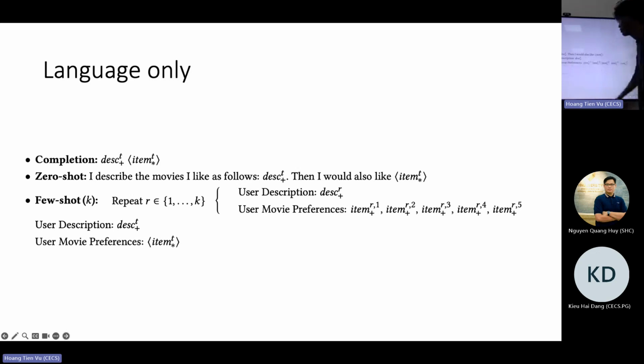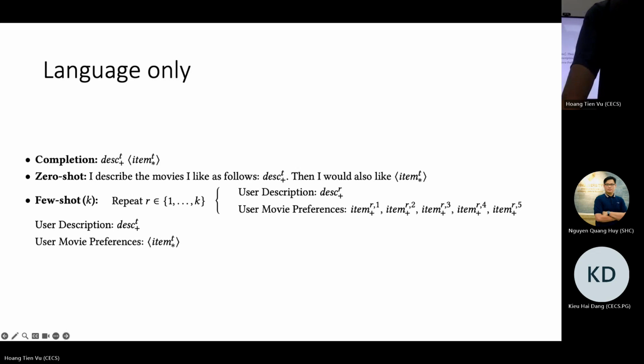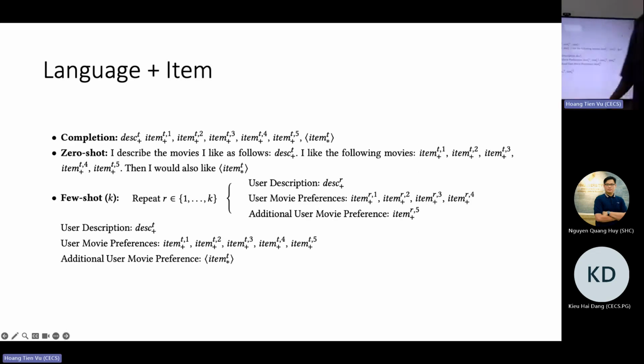Few shot is also something like this: we have a description about general preference, and after that we provide some movie preferences. Finally, in this setting we use both item and language description in our input.